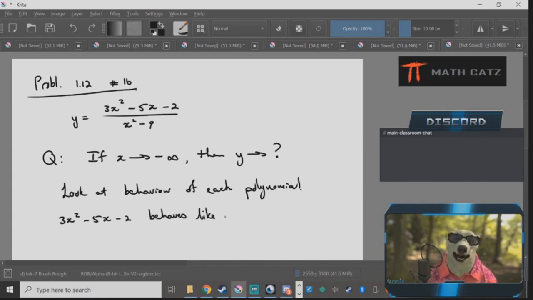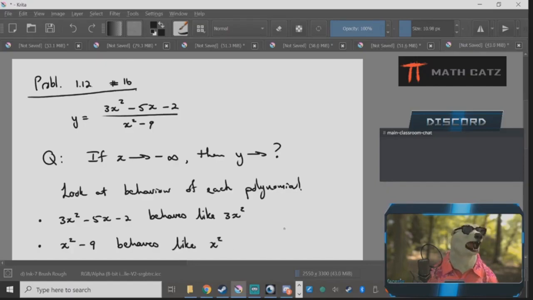like its leading term because x is going to one of the infinities. Its leading term is 3x squared. Second one, the denominator, x squared minus 9, behaves like its leading term, x squared.